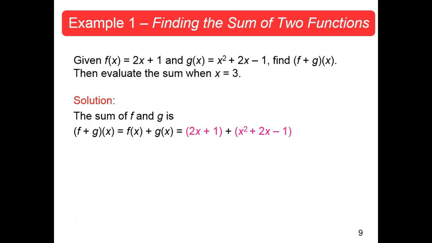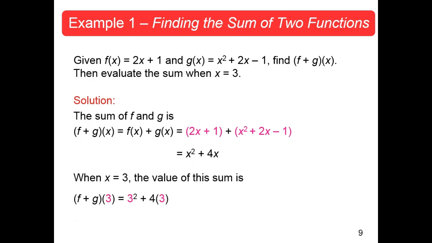Now, they did it in color, in parentheses for emphasis, okay? But remember, a parenthesis preceded by nothing really doesn't do anything for you. You can take those off, and a parenthesis preceded by only a positive sign, that doesn't do anything for you. You can take that off, and that's why we left them off before, okay? And when you combine like terms, you get x squared plus 4x, right?